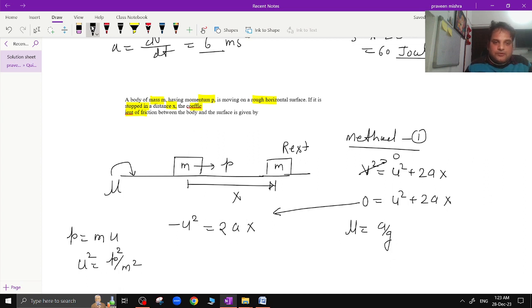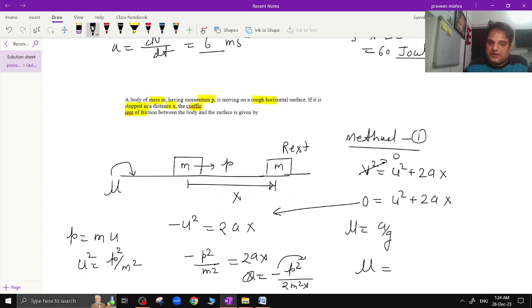So u square can be replaced by p square by m square equals to 2ax, means x equals to minus p square divided by 2m square x. This negative sign is the retardation, don't bother about it.